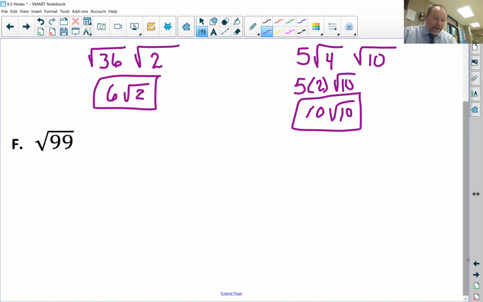Now, 99. So again, checking, is it a perfect square? No, it's close, but it's not quite there.